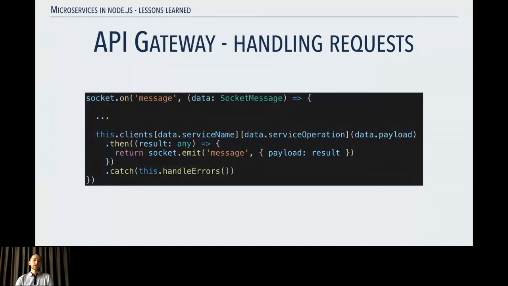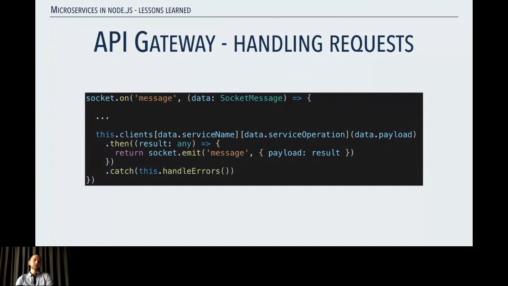Yeah, and API gateway can know the other microservices using some static list of clients, or it can even use more sophisticated approaches like service discovery. So each time some service gets up, API gateway knows that and can send requests there. And it's quite important that API gateway should not contain business logic.